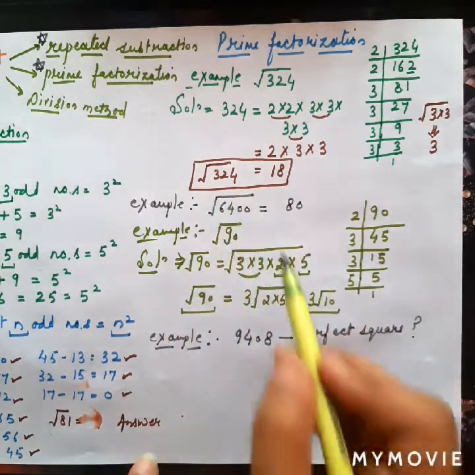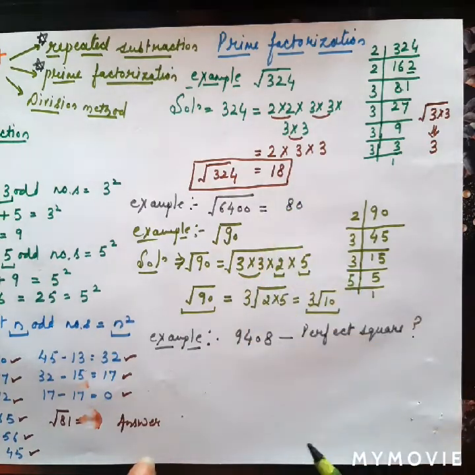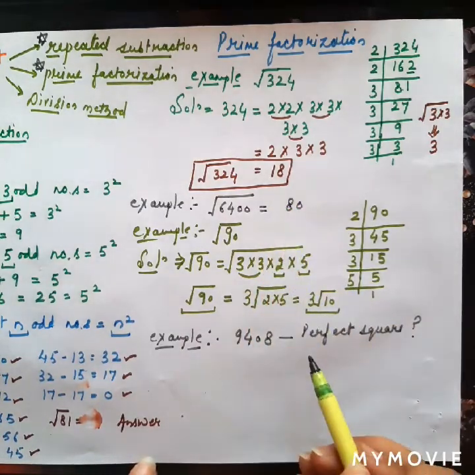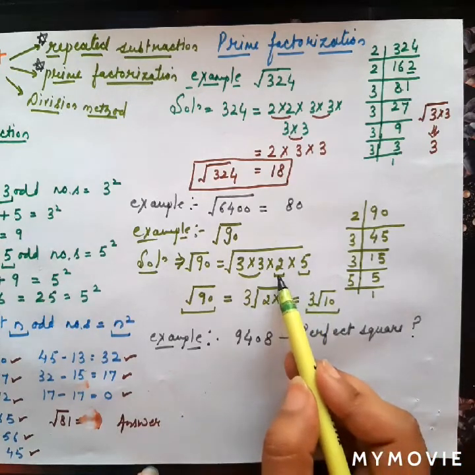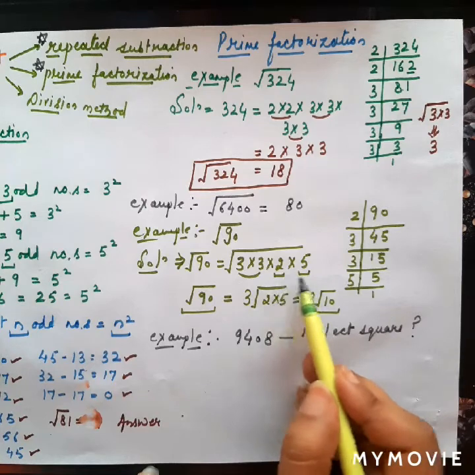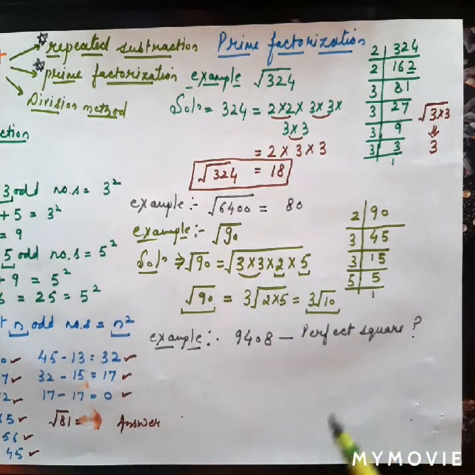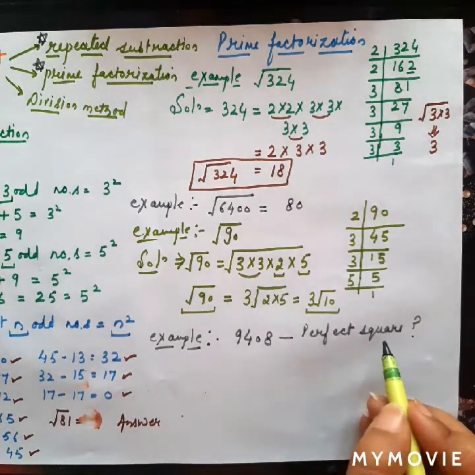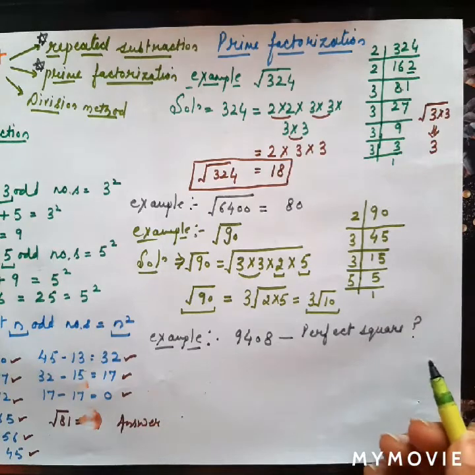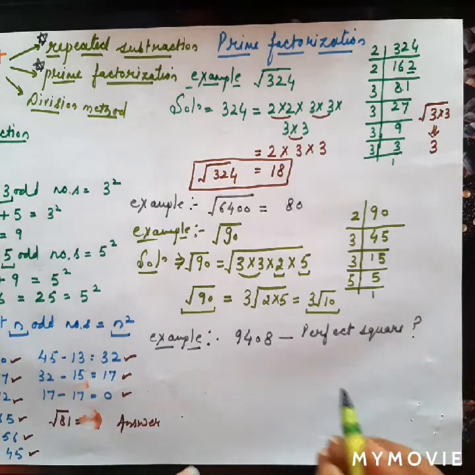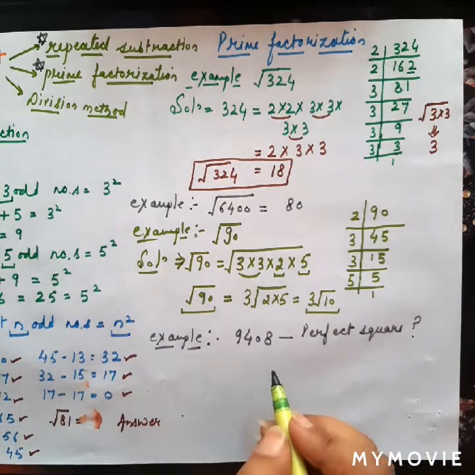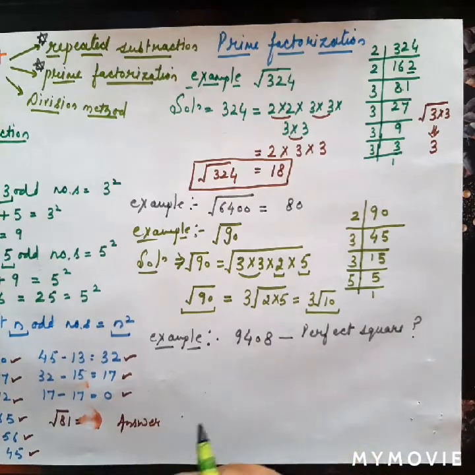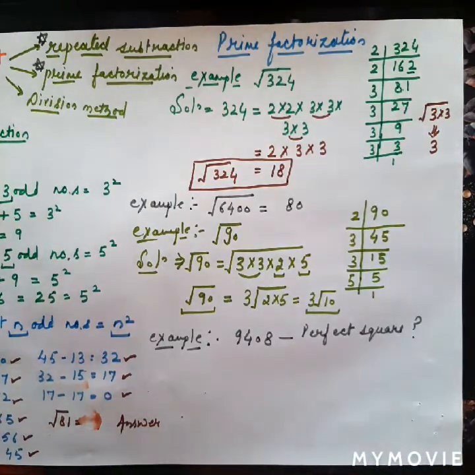Whenever you find a proper square root of any number, you would say that this is a perfect square. In case you find that there are some numbers which do not occur in pairs, then obviously that will not be a perfect square, right? So our first job is to find whether this is a perfect square or not, and if not, then by which number it should be divided or multiplied to make this number a perfect square, right?